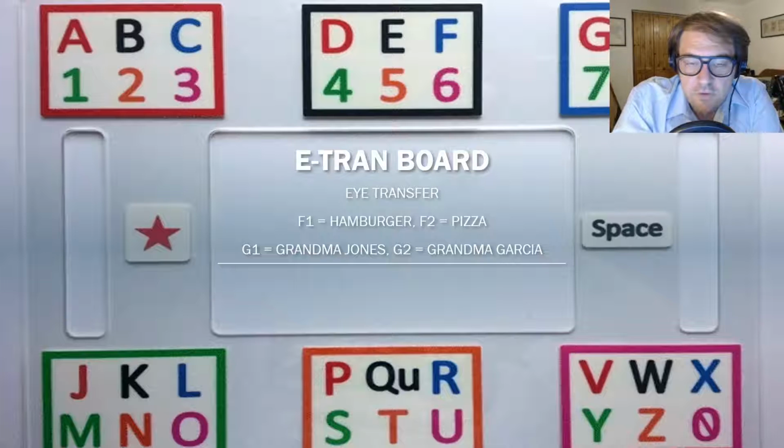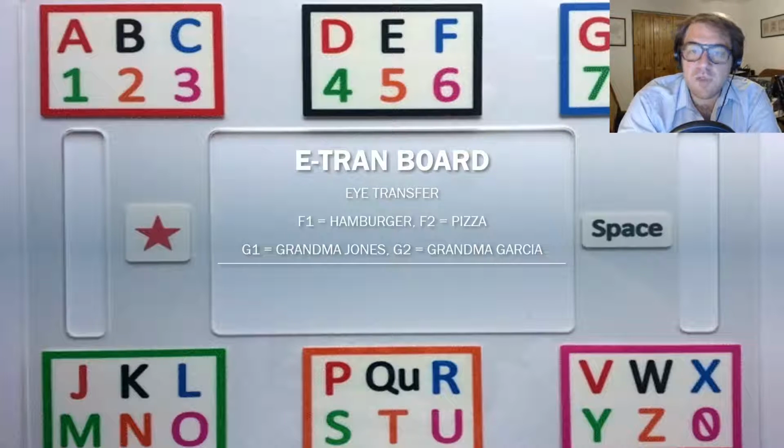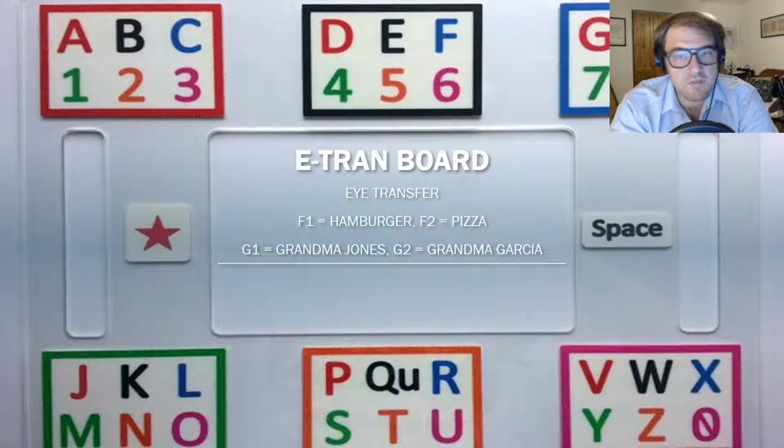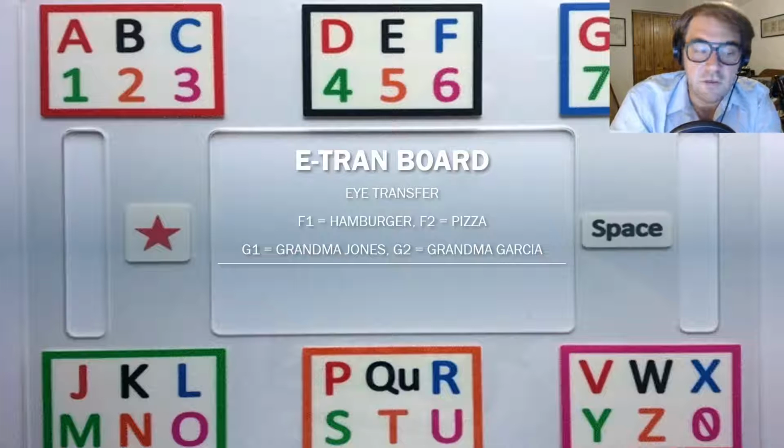So now I'm going to go like that. So I'm looking at the upper right. So that's told you I'm looking in upper middle, and then within the upper middle, I'm looking upper right. So that's F.